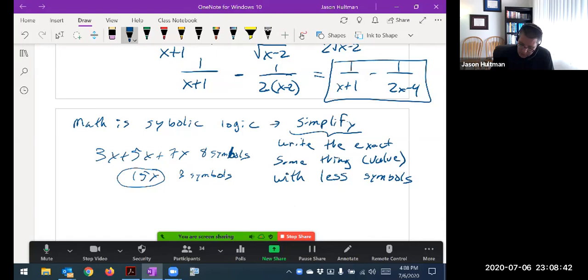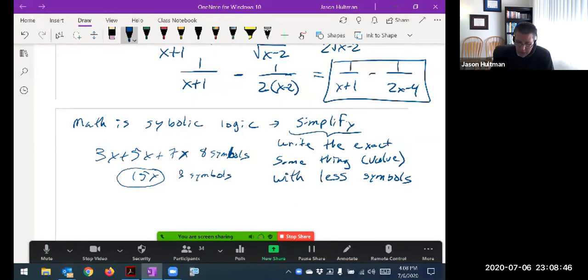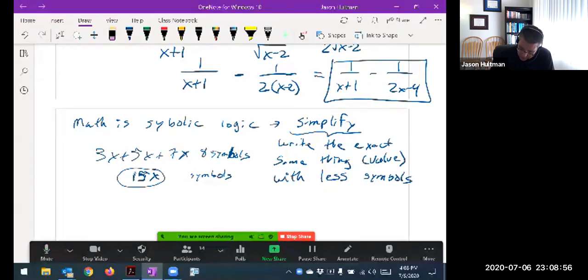Do they mean the exact same thing? Absolutely. Do they have the exact same purpose in math? Absolutely. Which one is easier to write? 15x, it has 3 symbols as opposed to 8. So when we ask to simplify something in mathematics, it means give me the exact same meaning, but with less characters.